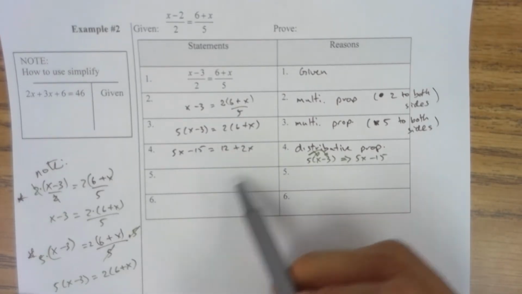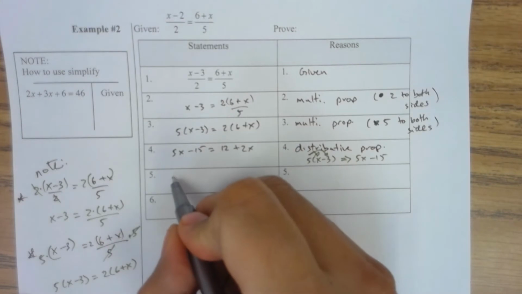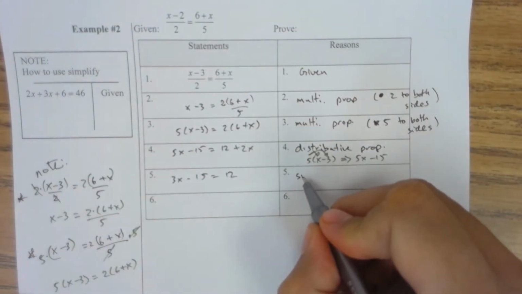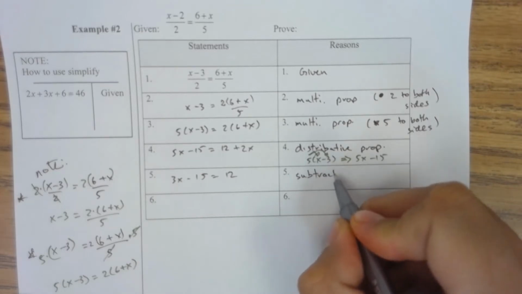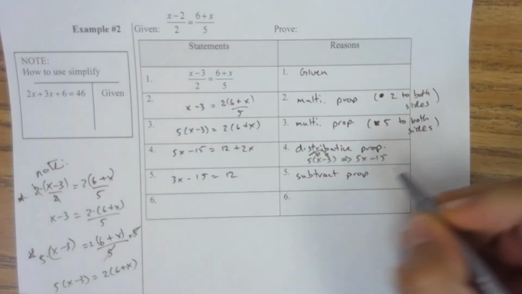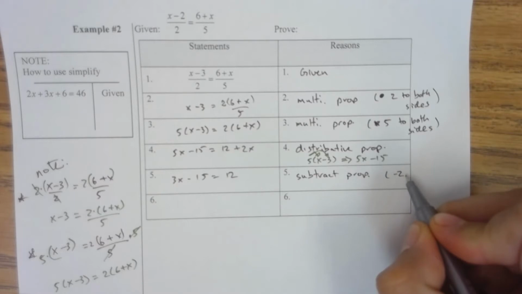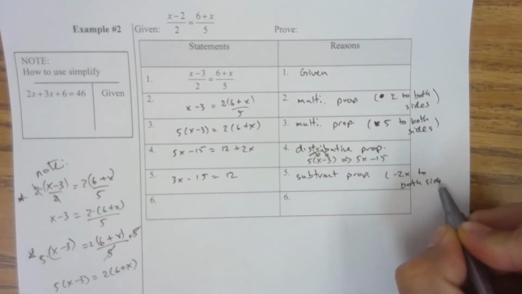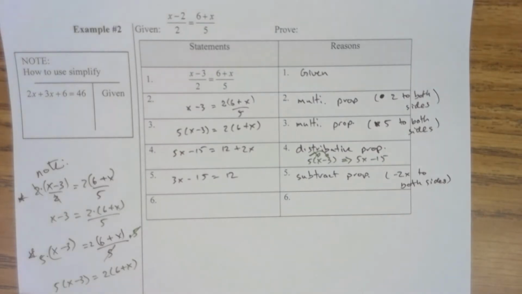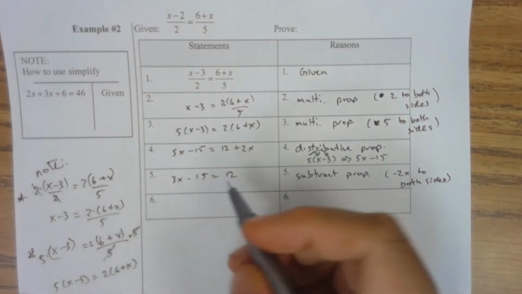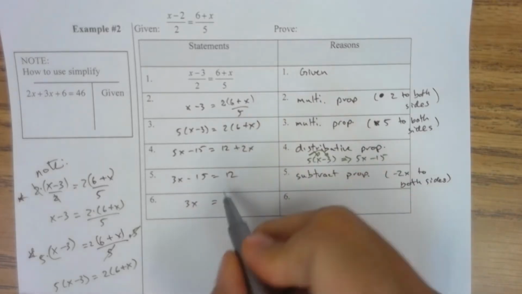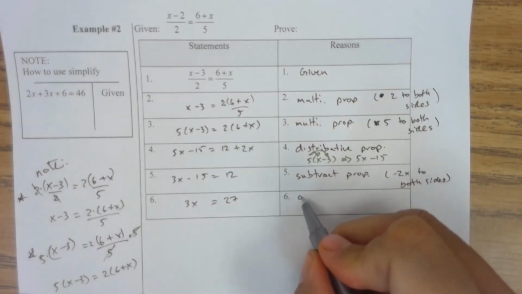We have x on both sides, so let's get rid of this 2x. So we're going to get 3x minus 15 equals 12. So here you did subtraction property. You are subtracting 2x from both sides. And then from there you add 15 to both sides here. So 3x equal 27, so addition property.